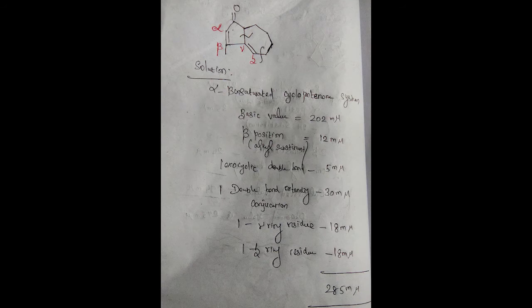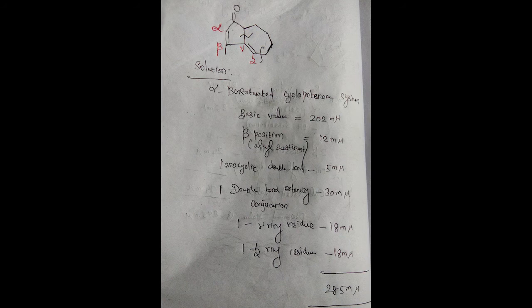Now we calculate for an alpha beta unsaturated cyclopentanone system. So the basic value is 202 millimicron. You can see one alkyl substitution at the beta position, so 12 millimicron. Then one exocyclic double bond is present, so we add 5 millimicron.